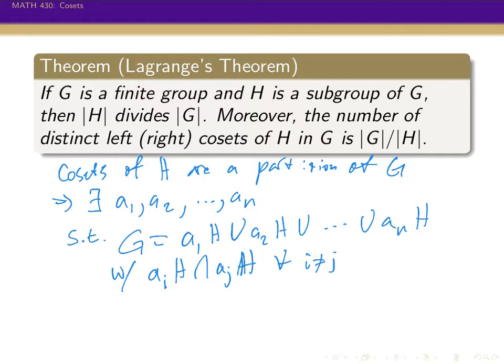And so we have this disjoint union forming G.